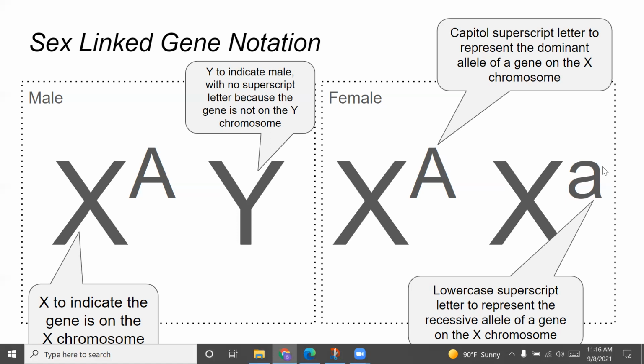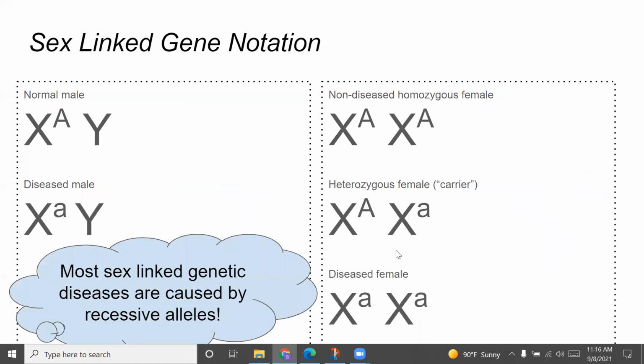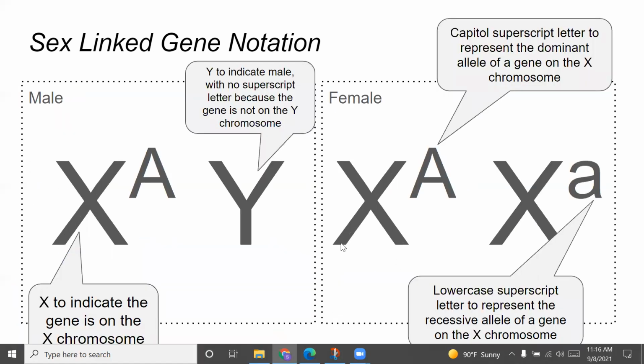Okay, the next thing in our notes is notation. You don't have to write this part down yet. But we should know, doing sex links, where the X and Y come from. If it's a sex-linked dominant or recessive trait, we're still going to have the capital A or the lowercase a.